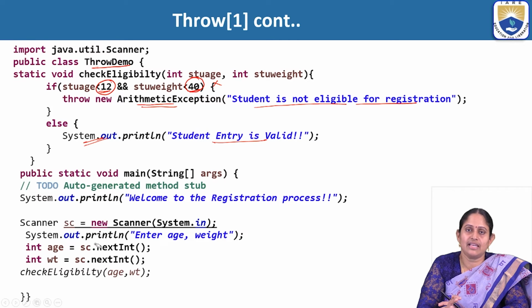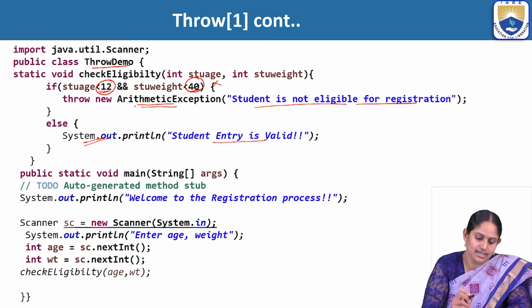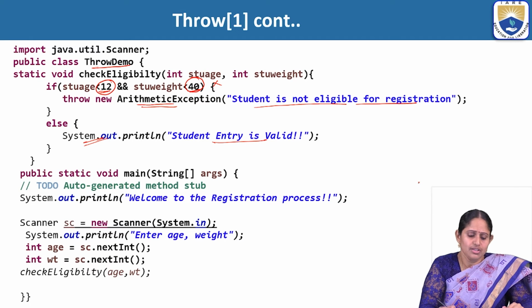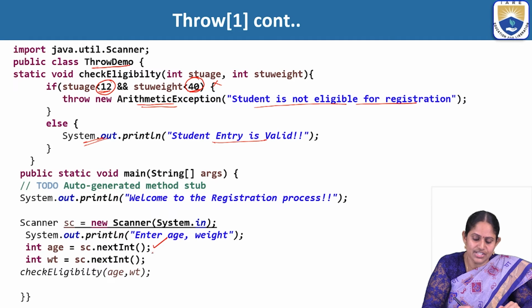We are taking students who are older than 12 and whose weight is greater than 40 for the program. The students who do not meet that condition are not eligible. Inside the main method we are reading their age and weight, and we are calling that method with age and weight.